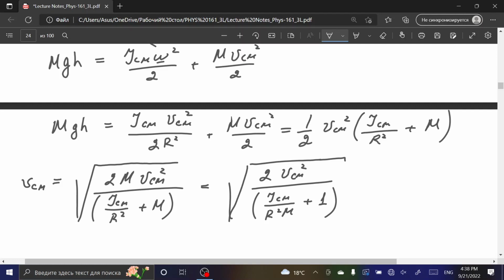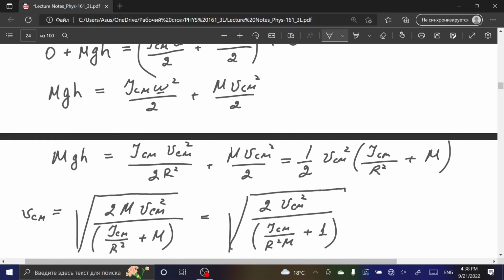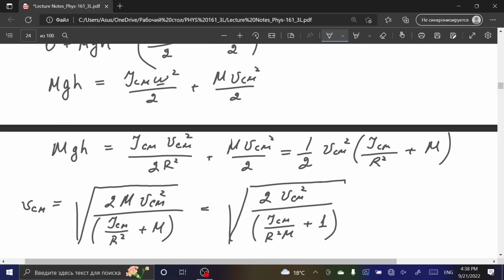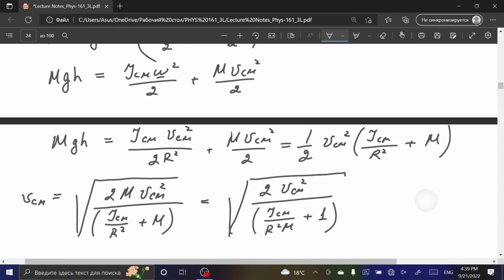And here we need to highlight one important thing. I think it should be capital M g h, because yeah, I wrote it incorrectly.